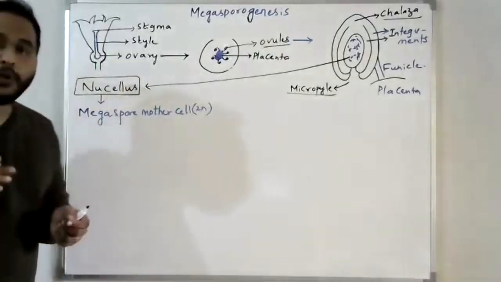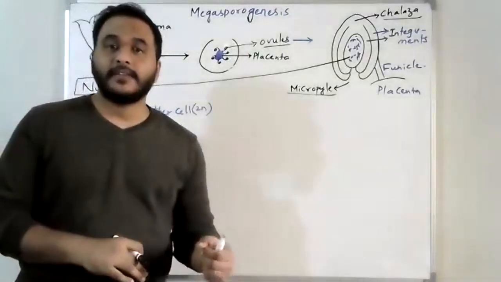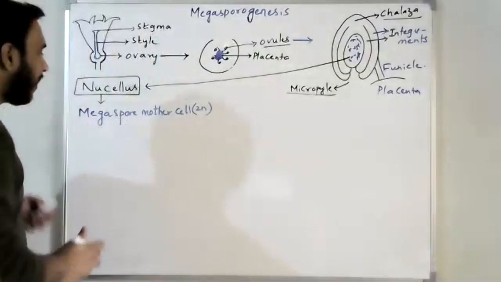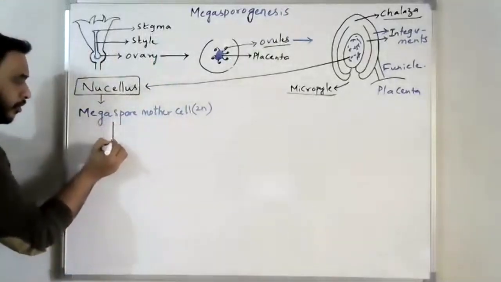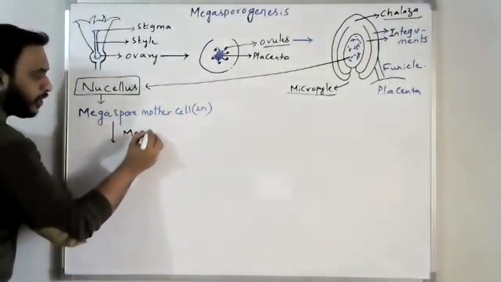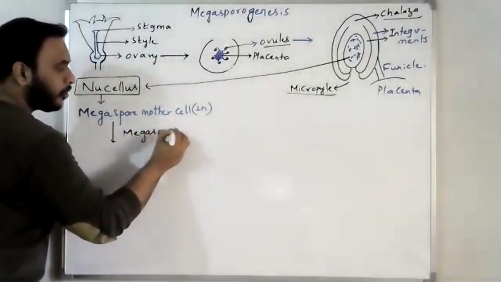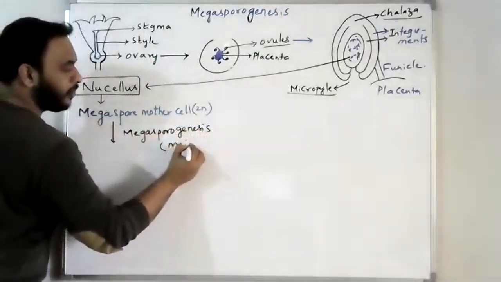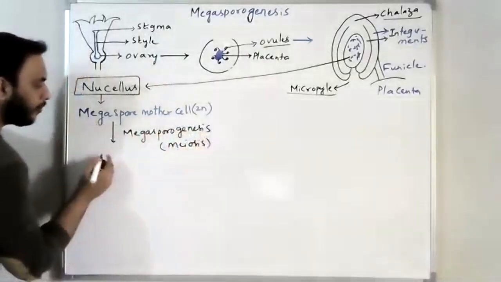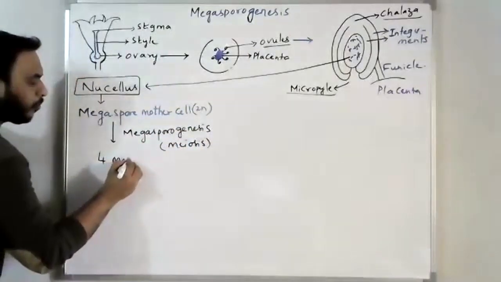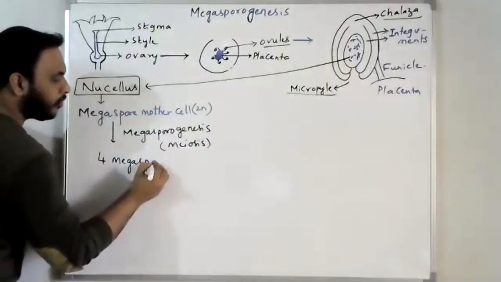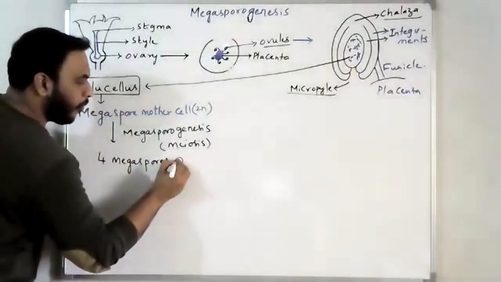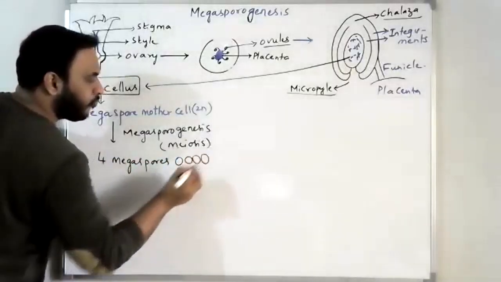This megaspore mother cell undergoes meiosis, megasporogenesis, and produces 4 megaspores: 1, 2, 3, and 4.